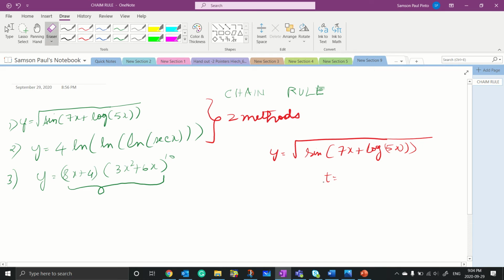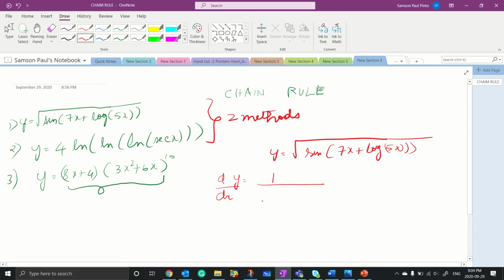Before we go into the substitution, I would like to do the direct method. So dy by dx: the outermost function is the root function, and as we have seen, the differentiation of root of something is 1 by 2 root of that something. Imagine this is root of x or root of u.